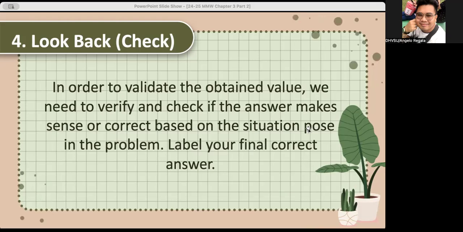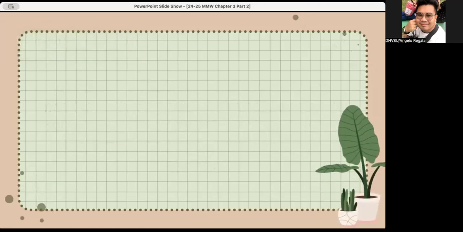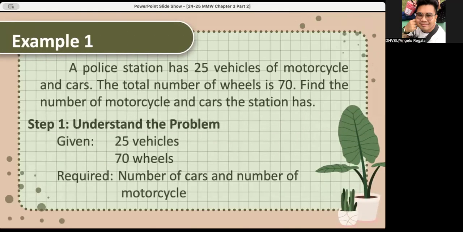Okay. So there are different strategies that we can apply when we try to solve problems. I'll be discussing some of the strategies that we can use. So the first strategy is related to example number 1.